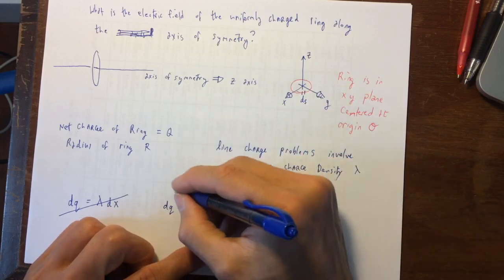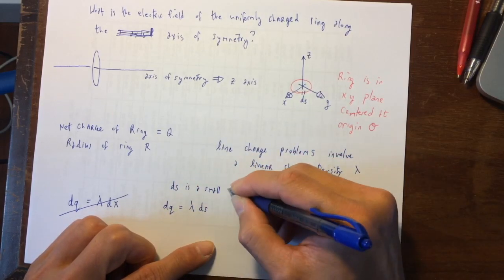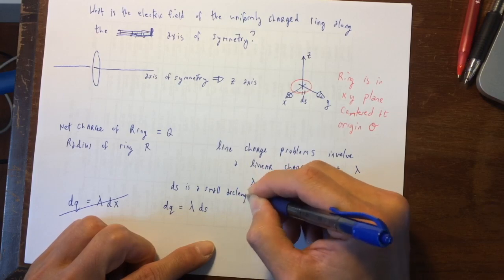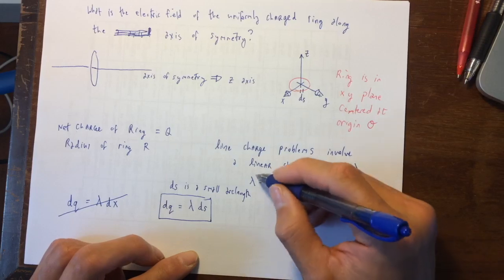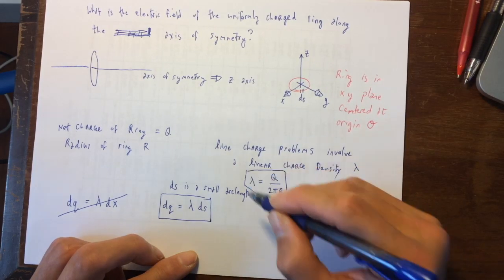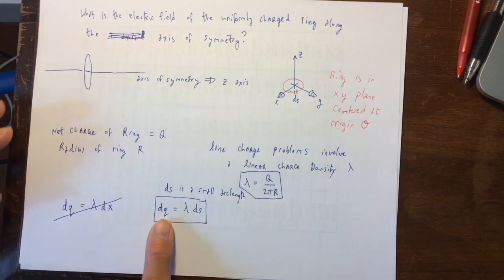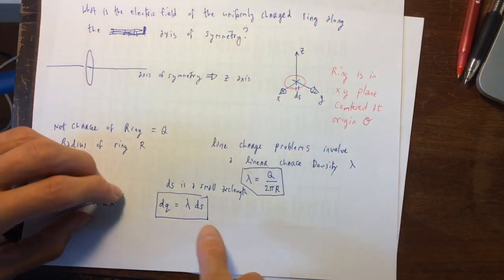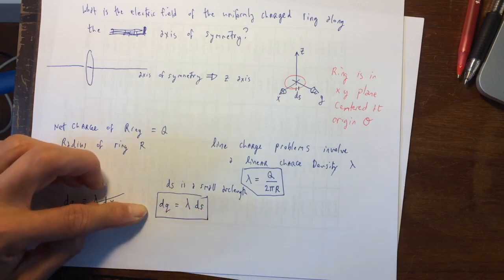So ds is a small arc length. Lambda is Q over 2 pi r, and a small amount of charge is associated with a small arc length. So charge per length times a small arc length is a small amount of charge.